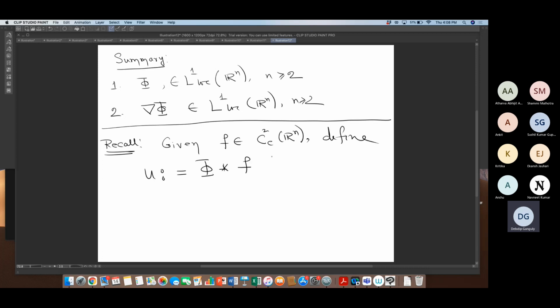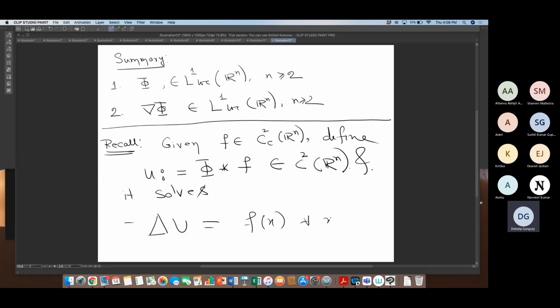Then this phi convolution f is a C2 function, a very nice C2 function, and it solves Laplacian of u equal to f of x for all x in Rn. So I got one solution of this equation if f is in C2c of Rn.